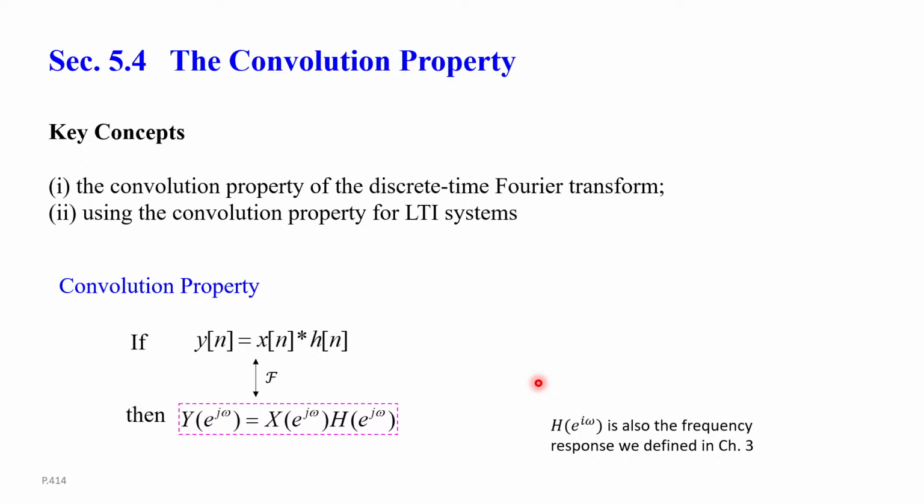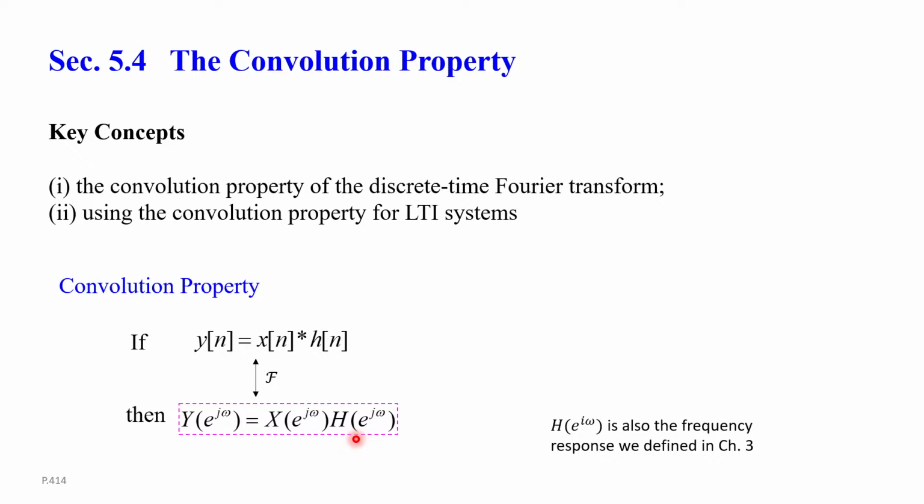We already saw this in chapter 4, so it's less dramatic here, and we kind of expect this. But just like chapter 4, this gives you a nice relationship between your small h and the big H, and you can use this to solve your LTI system.